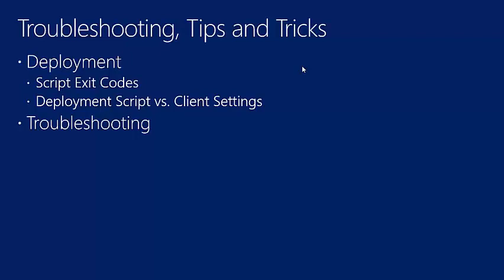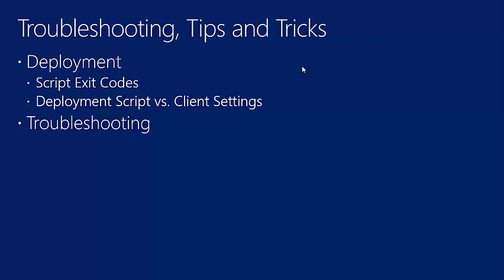First, I'm going to do these in opposite order. We talked about already deployment script usage versus client settings. And we already mentioned that in most circumstances, in a ConfigMgr integrated environment, we can use client settings, and we don't need to use the deployment scripts in order to get that data forward into Upgrade Readiness.